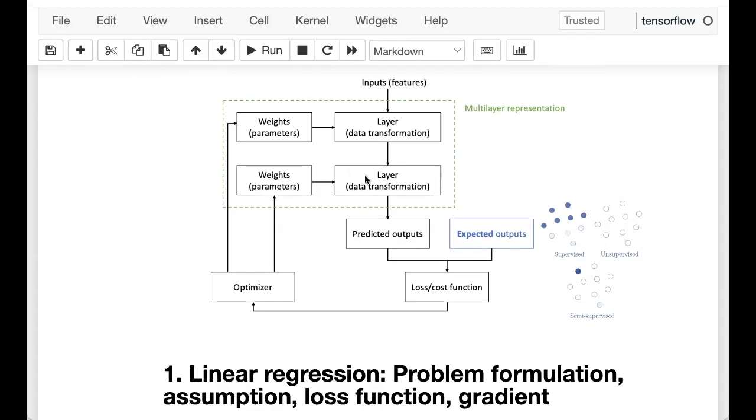So far, we have discussed linear regression models, meaning that in this data transformation layer, we find a weighted sum or linear combination of inputs. However, as we discussed briefly in Module 2, we can consider more complex data transformations, including polynomial models.